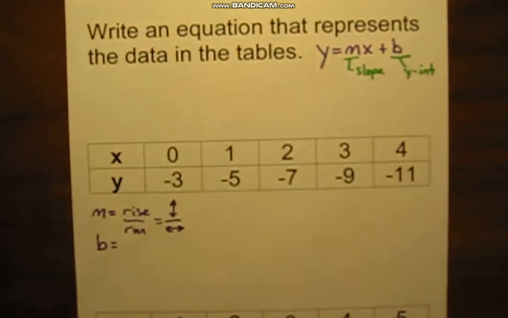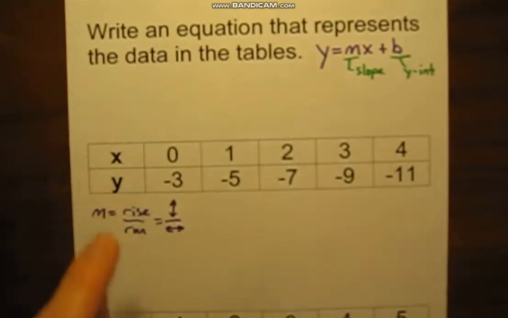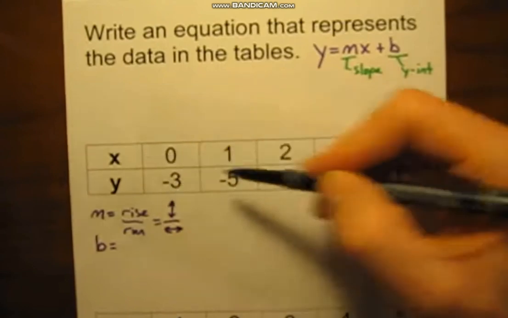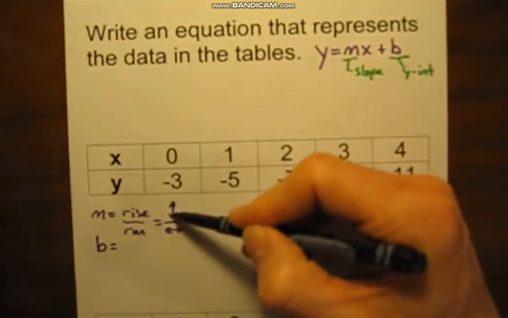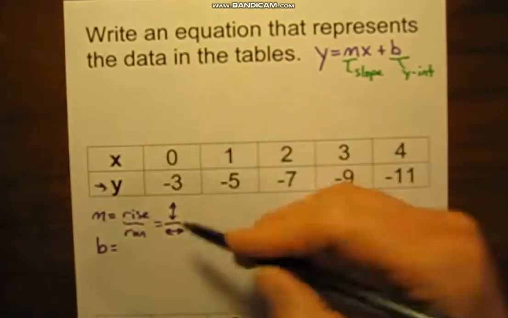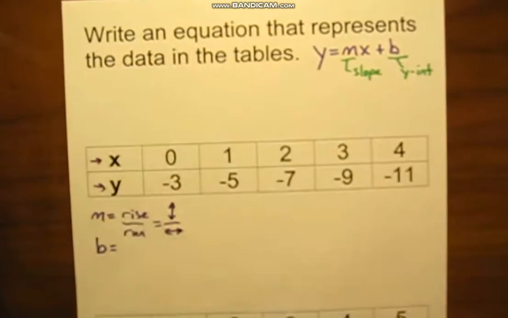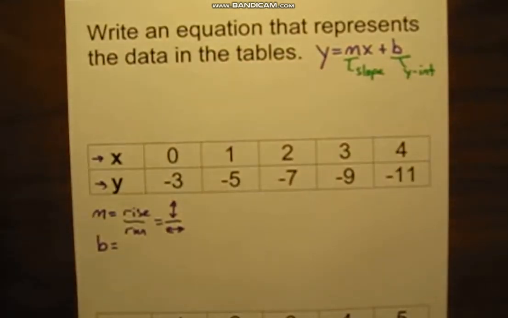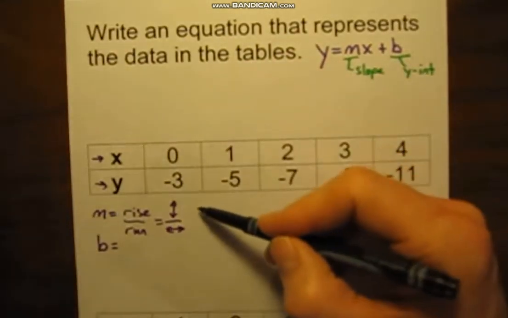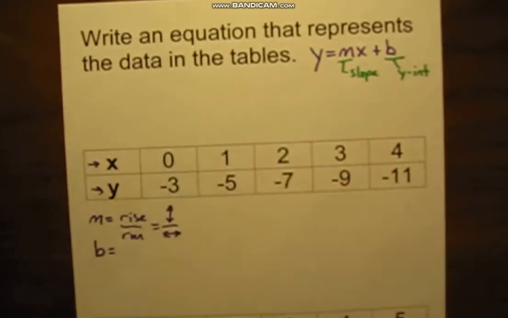To figure that out, let's look at the x's and the y's. Which of these numbers deals with the up and down portion of the line? Well, that's going to be our y's. Which number, x's or y's, deals with side to side? Well, those are the x values. So let's look at how much the y's are changing, the change in y, divided by the change in x.